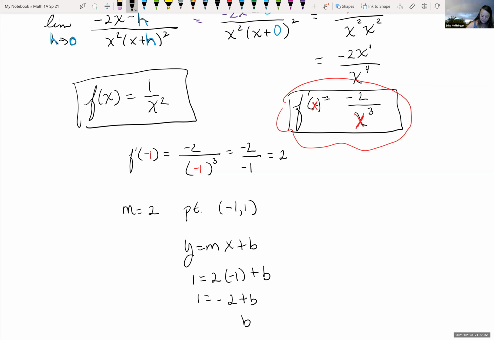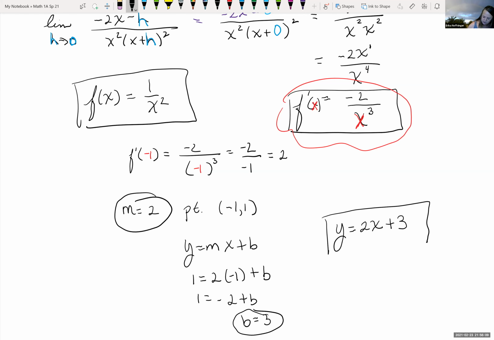So b now is 1 plus 2, which is 3. So we have y is equal to our slope, 2, times x plus b, which is 3. So they wanted us to graph this.